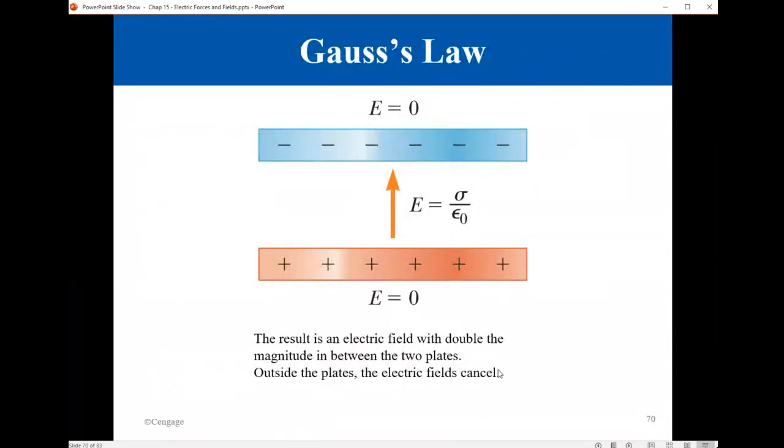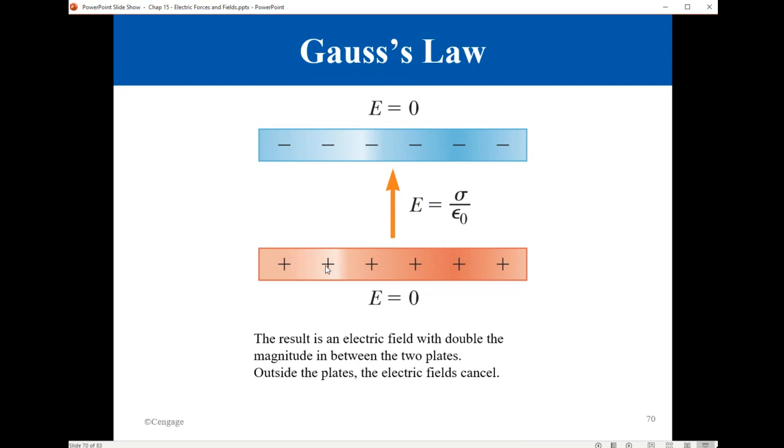We apply Gauss law to derive the electric field for situations where we have symmetry of charge distributions, like this example. When we apply Gauss law here, we derive the electric field to be sigma over 2 epsilon naught, and sigma is the charge density, charge per unit area.